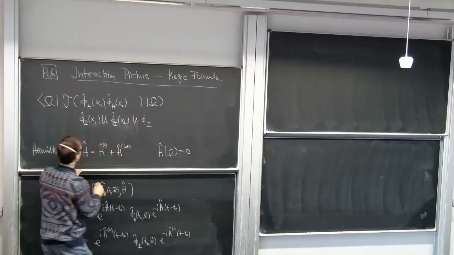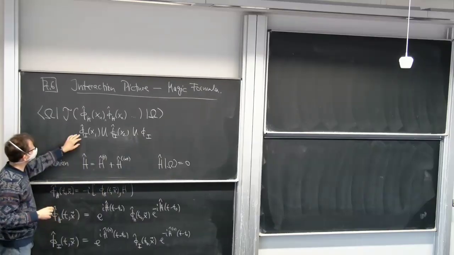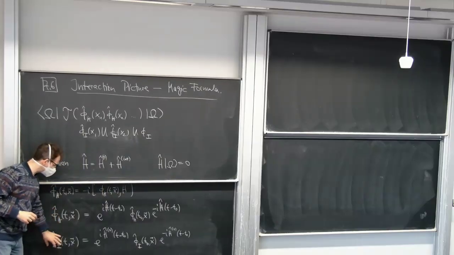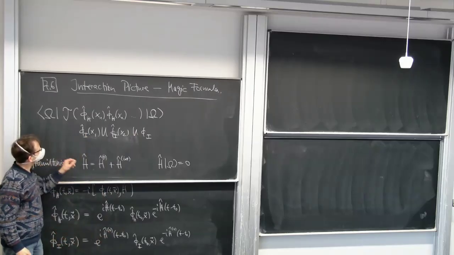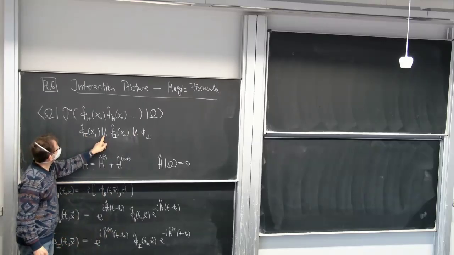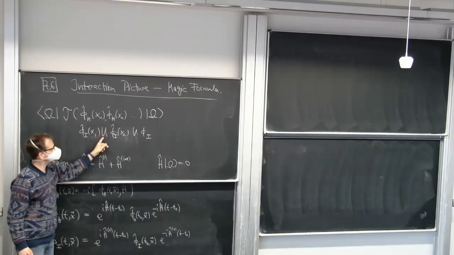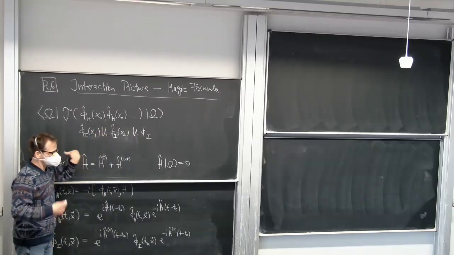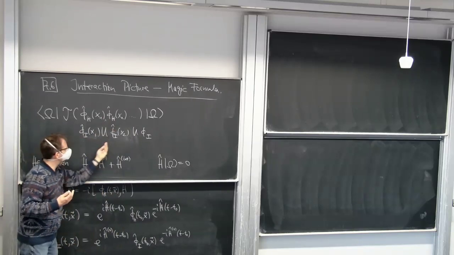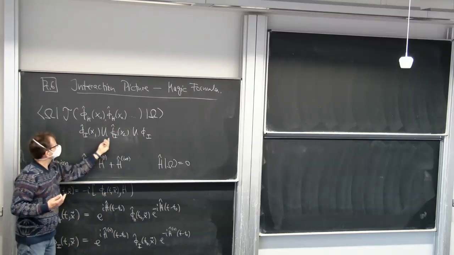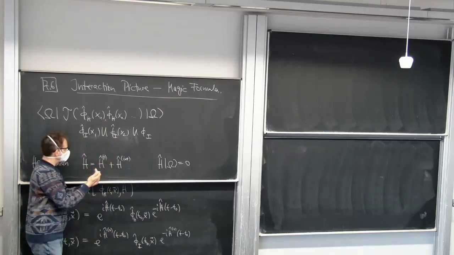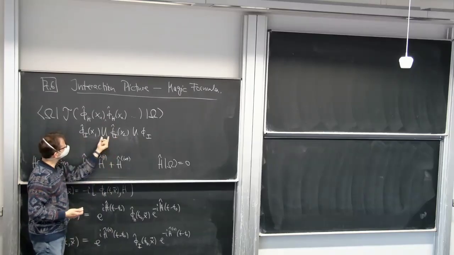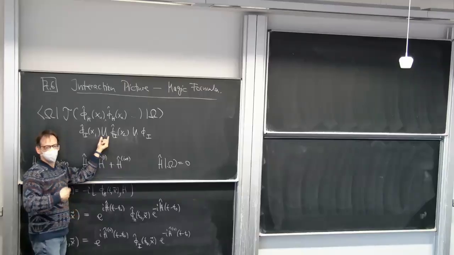So the formula that you will have in the end will be these fields that we designed to behave as free fields, and the price we pay is extra stuff in between, which, from the meaning of it, will be to do the other time evolution. This is basically, within the field phi I, the evolution with the free part, and this will be the evolution with the interacting part.